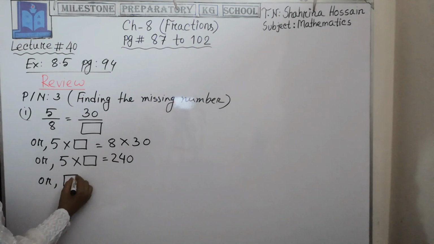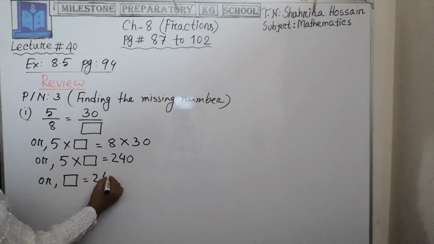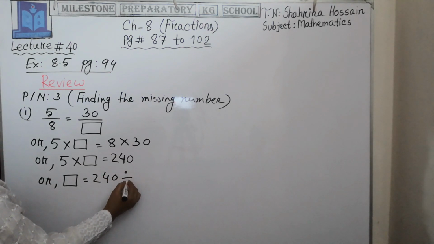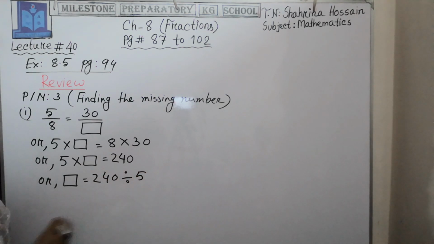So box is here, and 240 divided by 5. Why is the sign division? Because before 5 it is the multiplication sign. For that reason, when we shift the digit, the sign also changes.